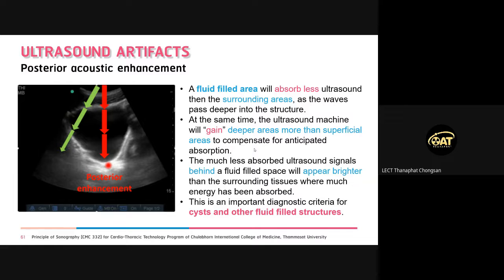Because the fluid-filled area absorbs less than the solid area, brightness appears behind the cyst or fluid object. Ultrasound transmits through this fluid area with less absorption, and this area is liver or solid, which absorbs more. Everyone can see the bright boundary.